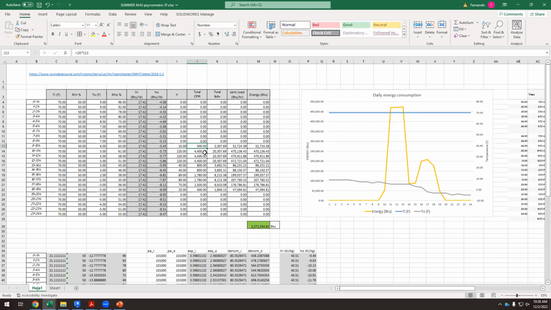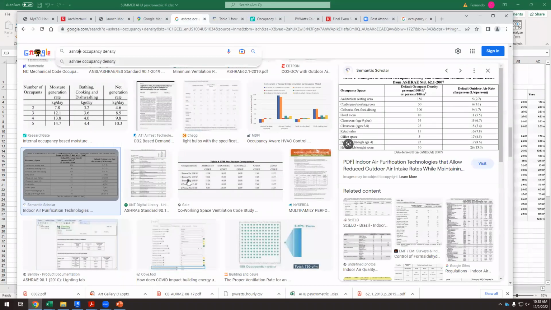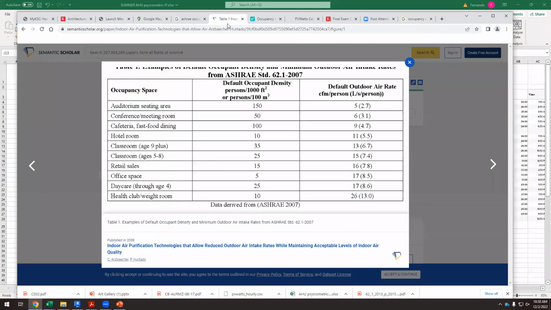This morning, I have found out other requirements. Okay. So here, depending on the space, we have requirements for CFM per person.